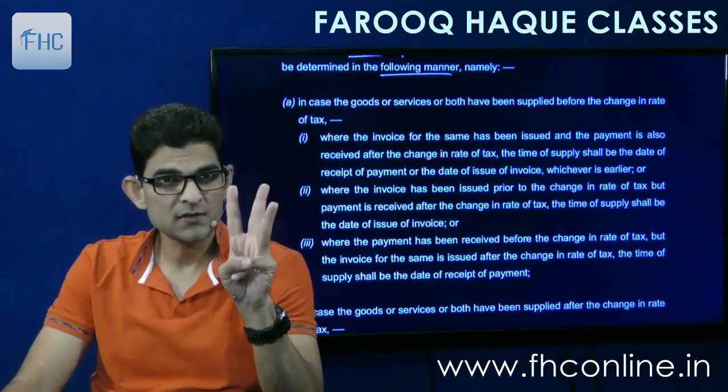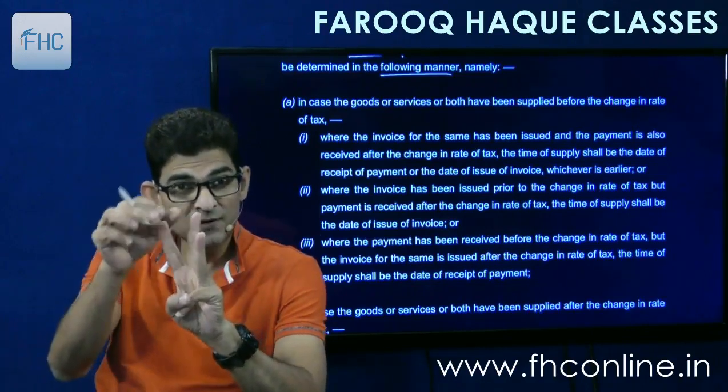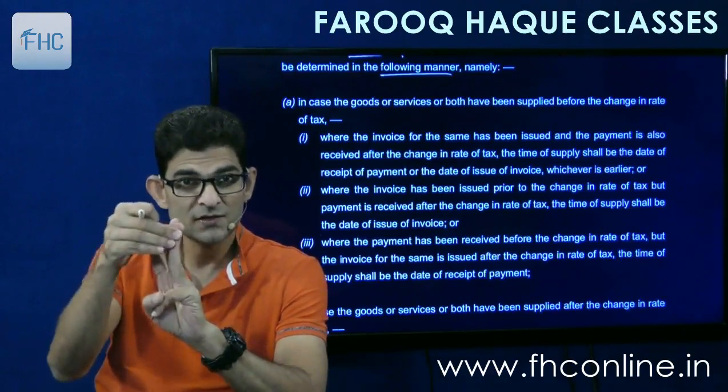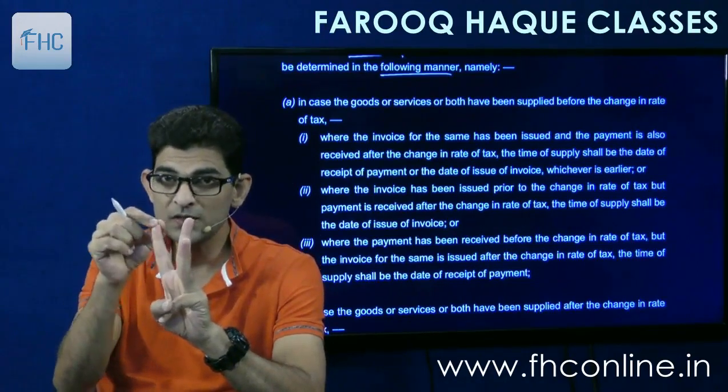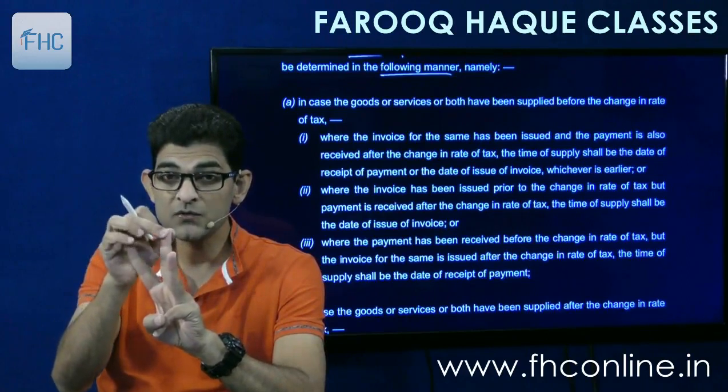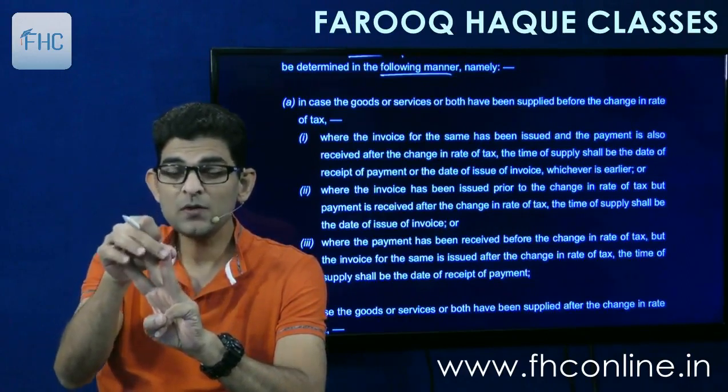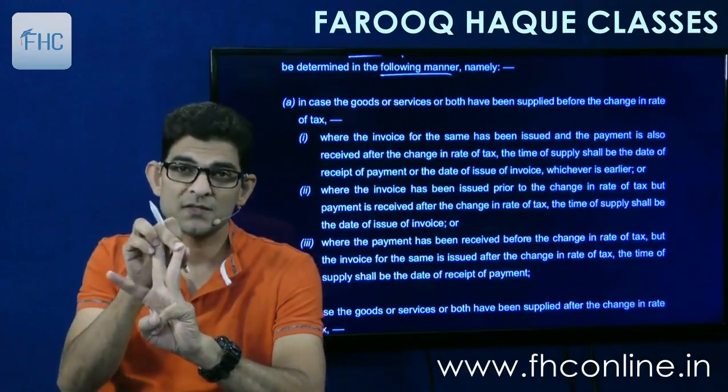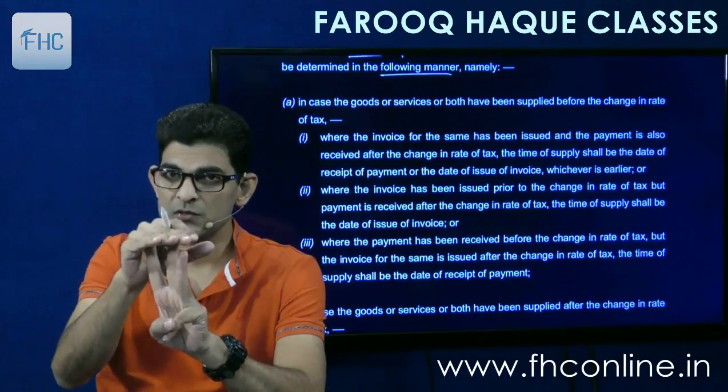There are three things and you have to focus on the timing of these three things. Okay, the supply, when did the supply take place, when was the invoice made, and when the receipt took place. So focus on these 3 points.